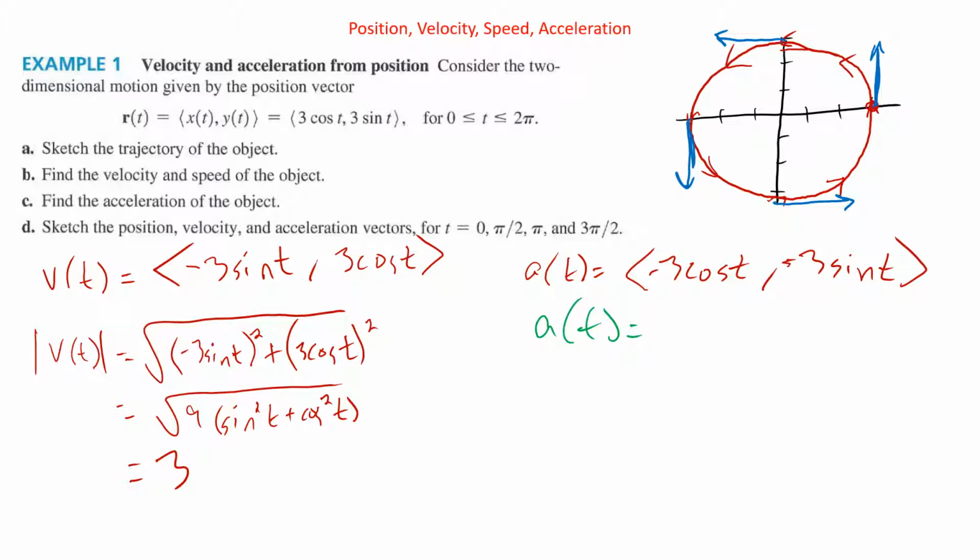A of t equals negative r of t. So the acceleration at any given point on the circle is going back to the center of the circle. Acceleration is pulling you into the center of the circle.